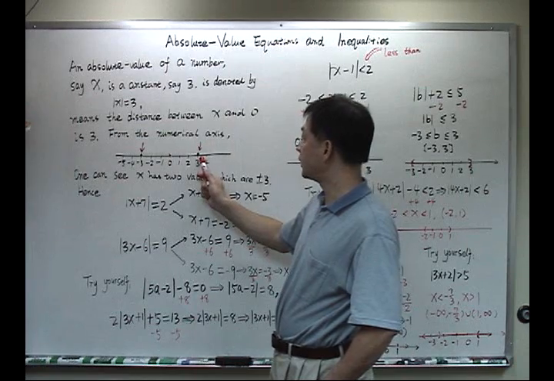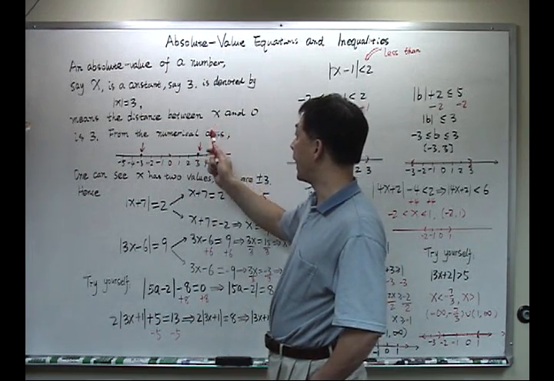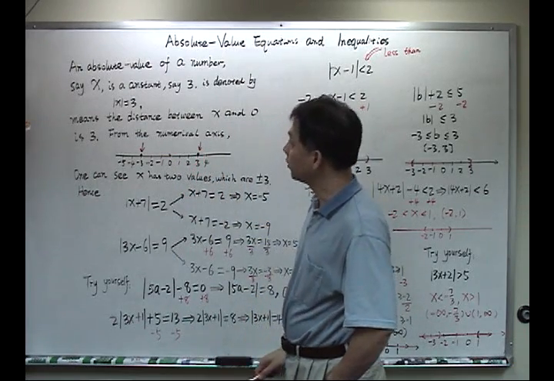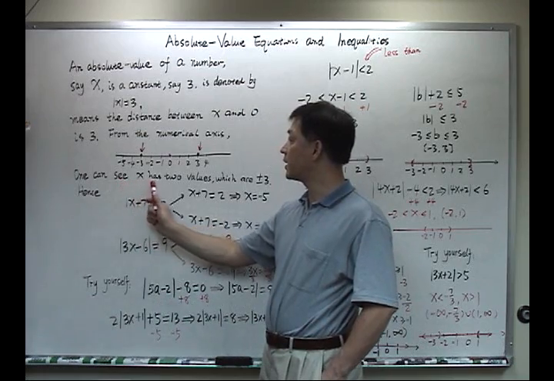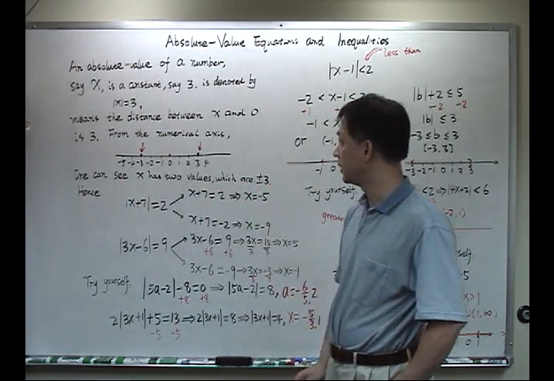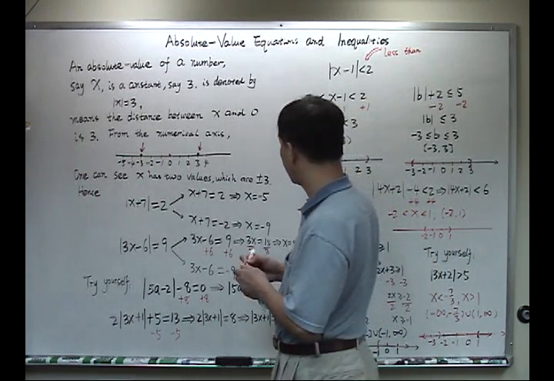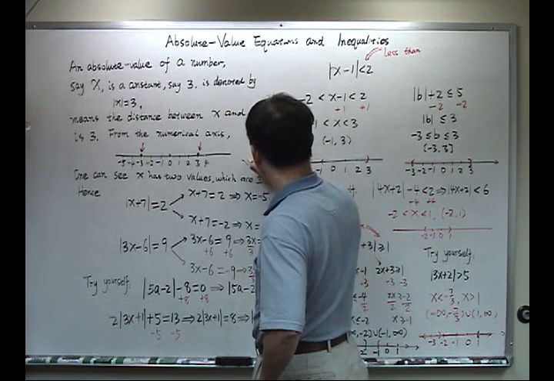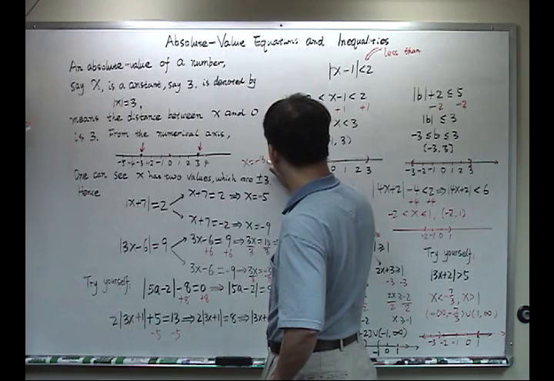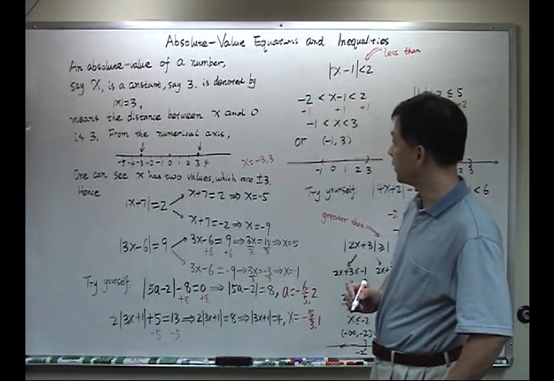If it is on the right-hand side of 0, then x may have a value positive 3. So one can see x has two values, positive and negative 3. You can write x equals negative 3, comma, positive 3.